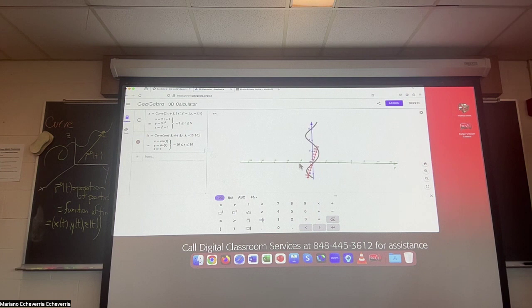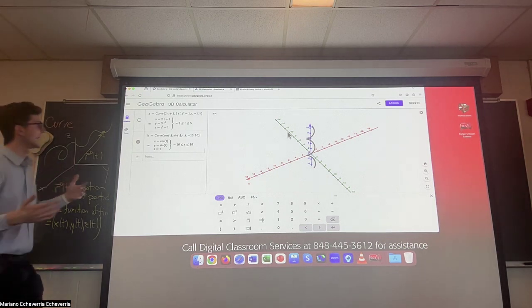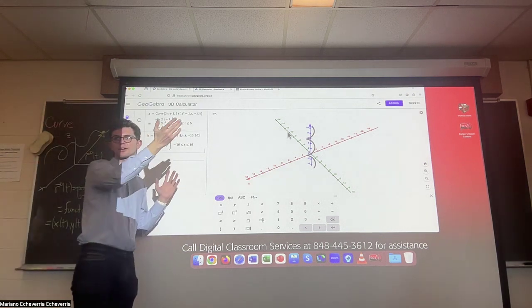If you do it like that, you see there's a pattern that repeats itself. And if you look at it from the top of the Z-axis, it becomes a circle because X and Y are just rotating on the XY plane. So what I'm trying to say is that a way to think about a curve is to choose your favorite functions of T and use those as the entries of the coordinates.